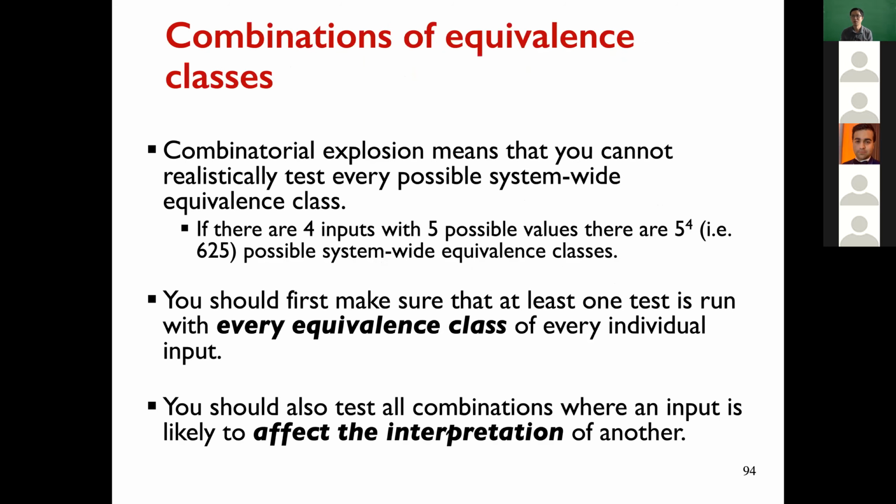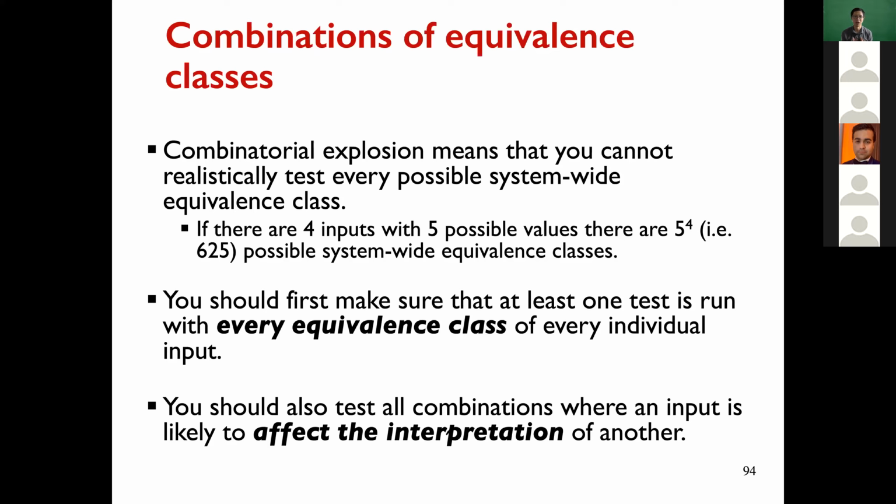Usually it is not just one input, we should consider more than one input. So we need to consider combinations of equivalence classes. But if, for example, there are 2 inputs and each input has 5 equivalence partitions, then there would be 10 combinations.